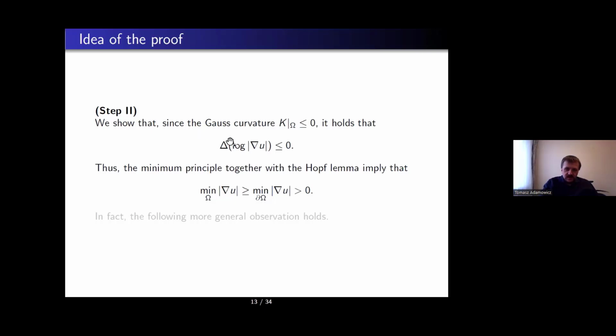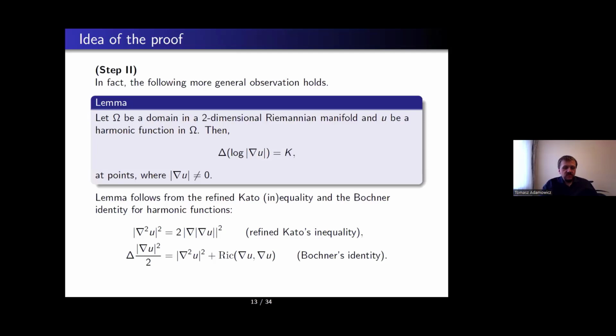In fact, the first observation about the subharmonicity is a special case of a more general lemma, and I would like to state it for your curiosity. If omega is a domain in a 2-manifold and u is a harmonic function in omega, here omega need not be an annulus, then the Laplacian of the log of the magnitude of the gradient of u is equal to the Gaussian curvature at points where the gradient does not disappear.